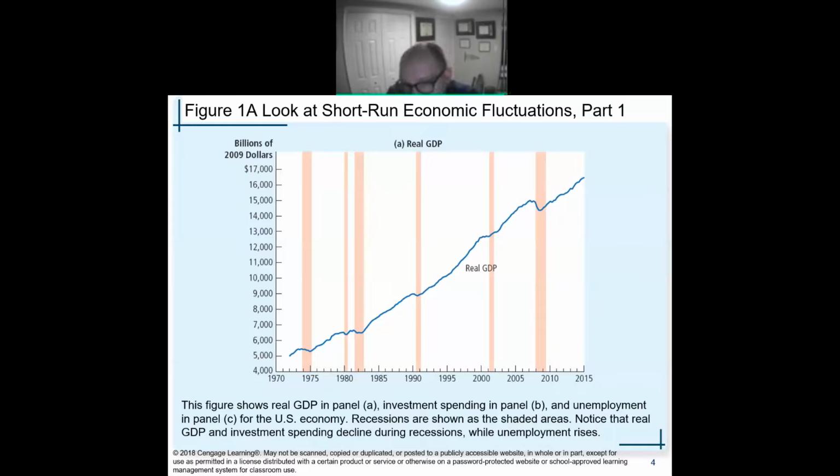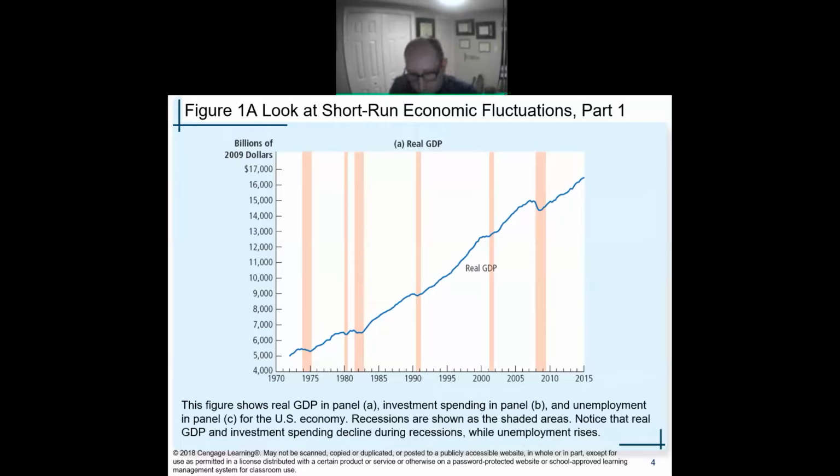The parts that are in red here, these are recessions. A recession is when gross domestic output decreases, which also means that unemployment goes up. Unemployment goes up, less economic activity, right?